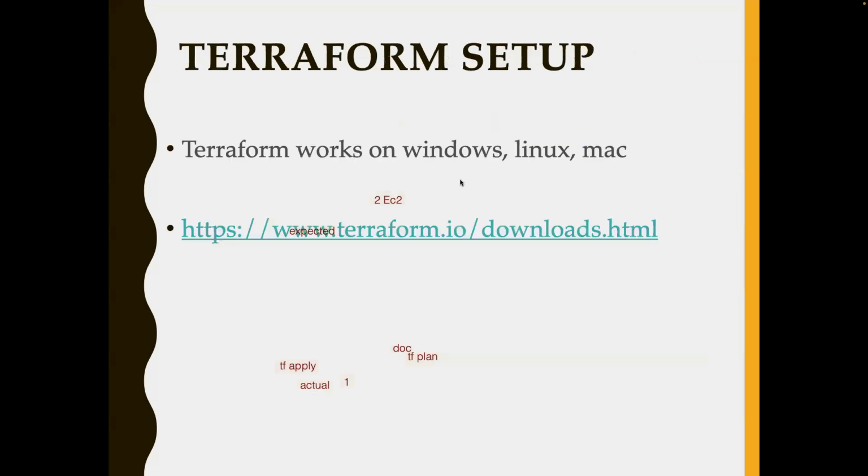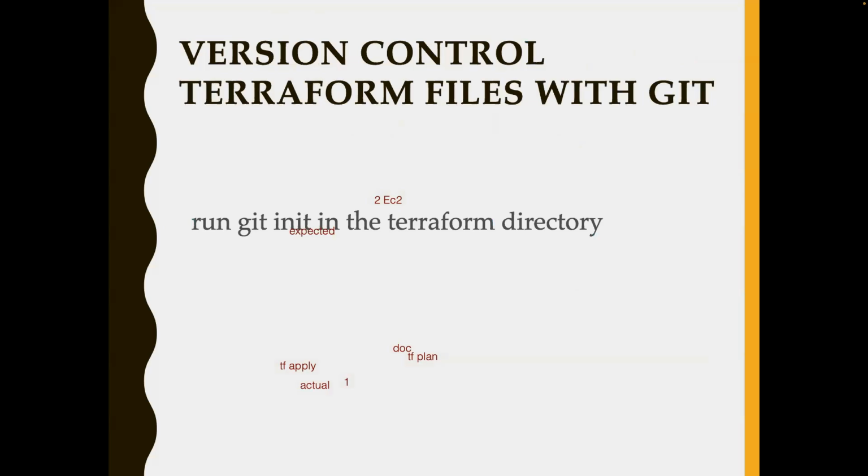So then comes the Terraform setup. Terraform works on multiple operating systems like Windows, Linux, Mac, and so on. So we'll go for the Terraform setup and then we'll talk about these providers. But before jumping in there, let me show you these providers once.